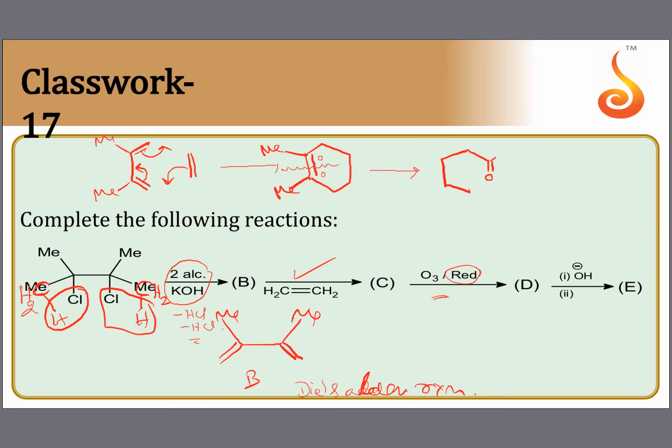We can get a ketone, a diketone. 1, 2, 3, 4, 5, 6, 7. Any shortage? I think I made a mistake. One more carbon is needed. Like this, no? So 5, 6, 7, 8.